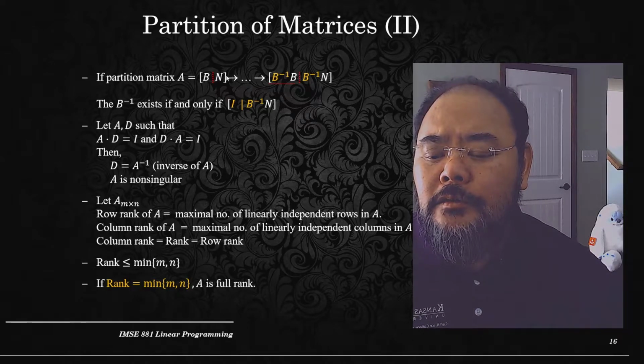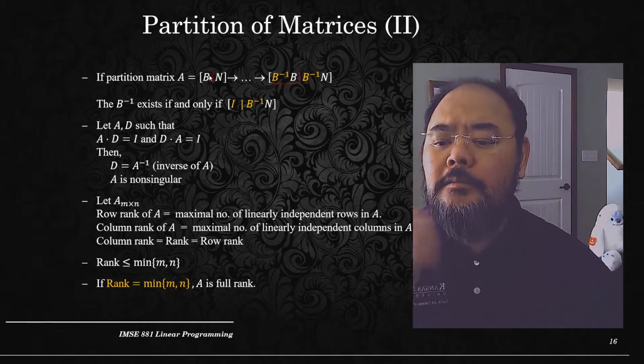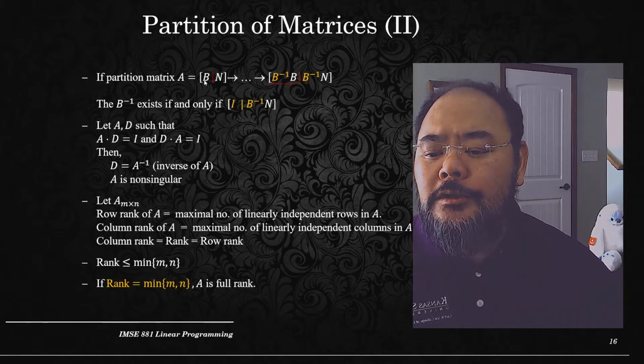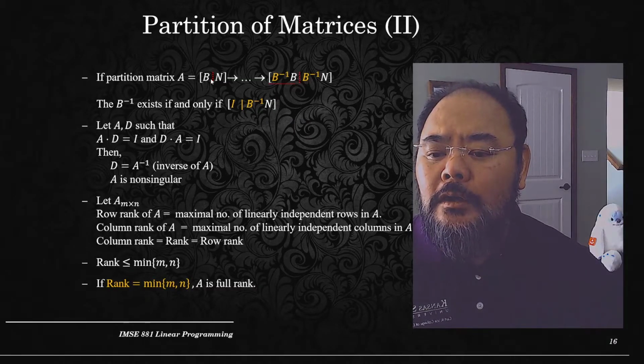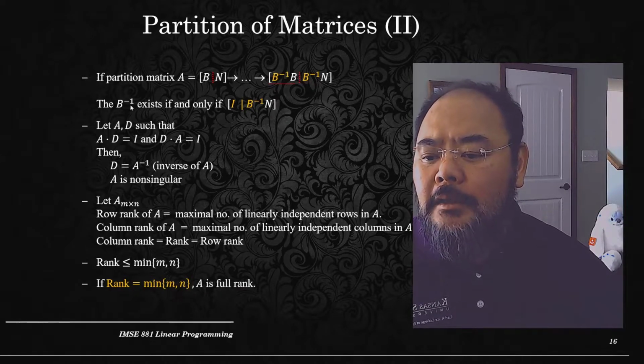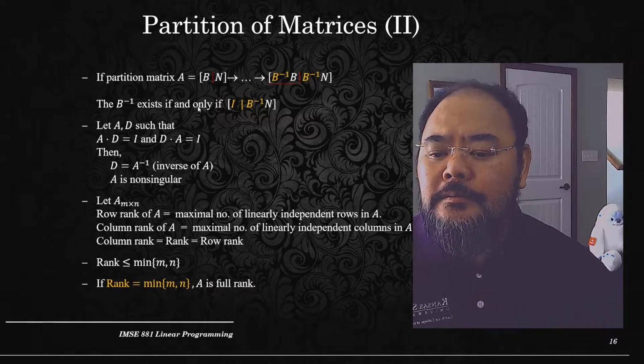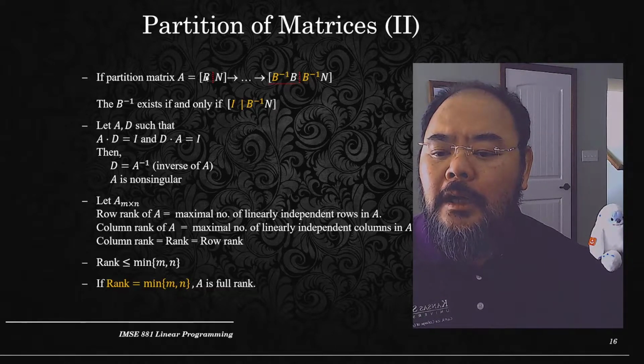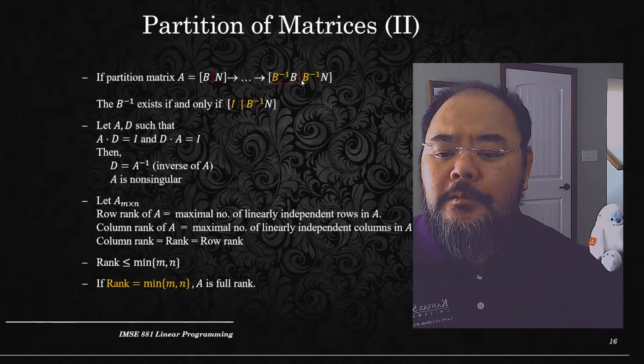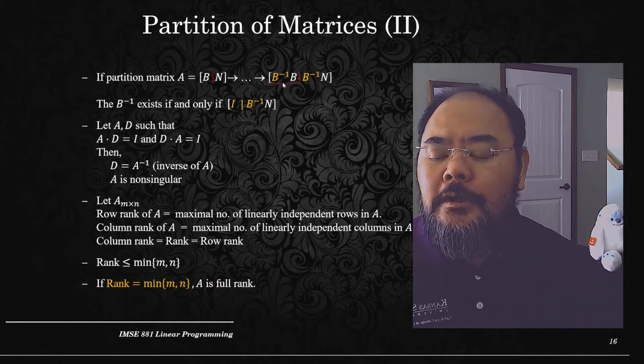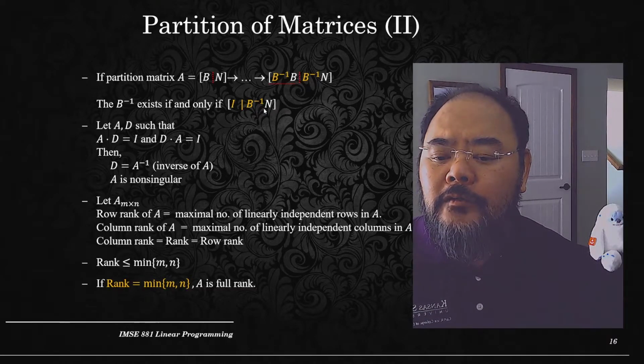The rest of the columns we call N. B is a square matrix, and if the columns of the B matrix are linearly independent, that means B inverse exists. Then I can multiply the entire matrix by B inverse, so B inverse times B, B inverse times N. Since B inverse times B equals the identity matrix, the rest of the part will be B inverse times N.